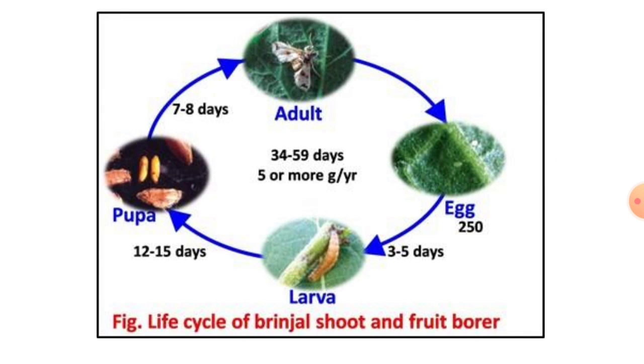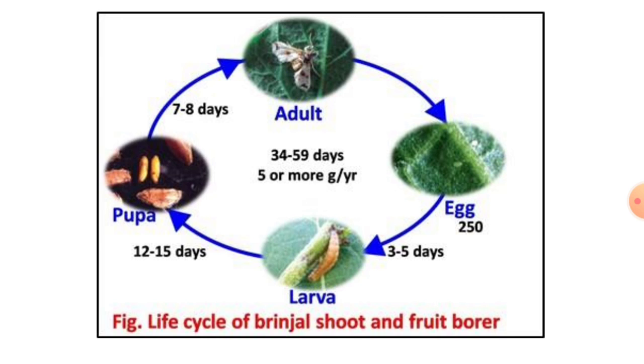Now the life cycle of brinjal fruit borer basically consists of three stages: eggs, larvae and pupa, then adult. Female lays approximately 100 to 150 cream white eggs on the leaves and flowers of young fruits.